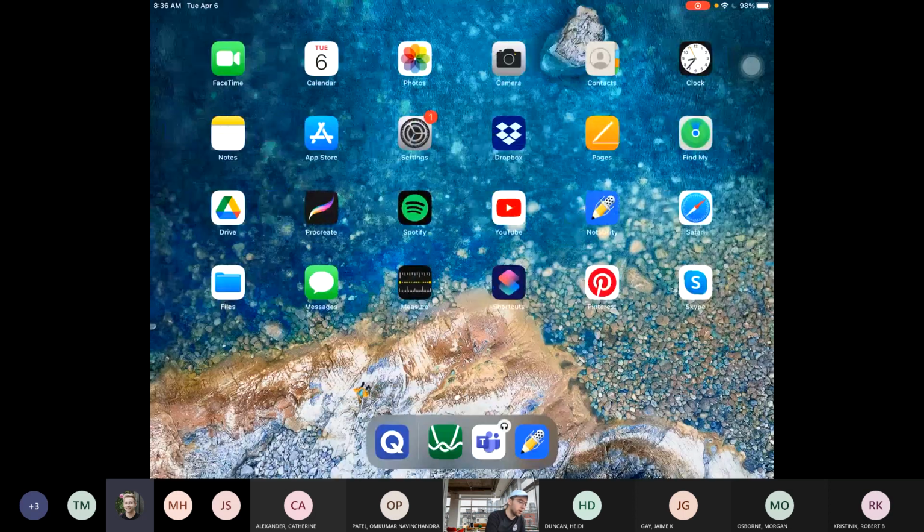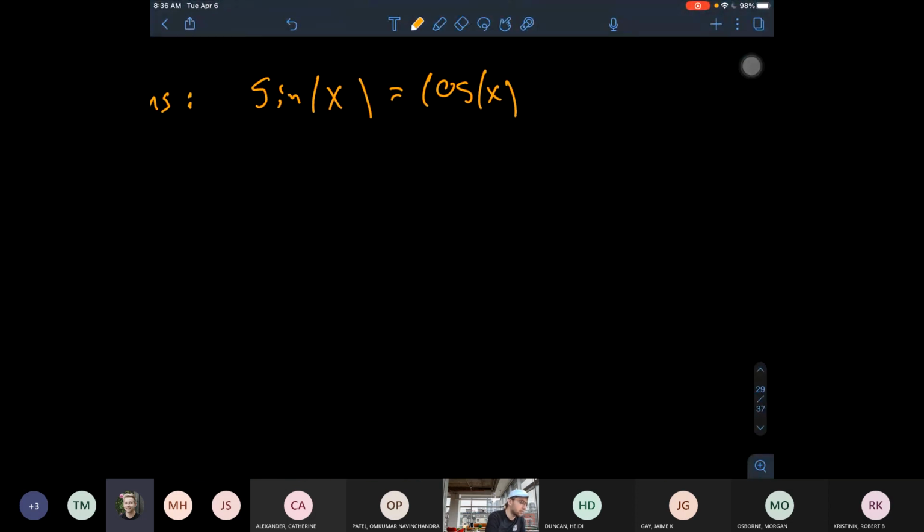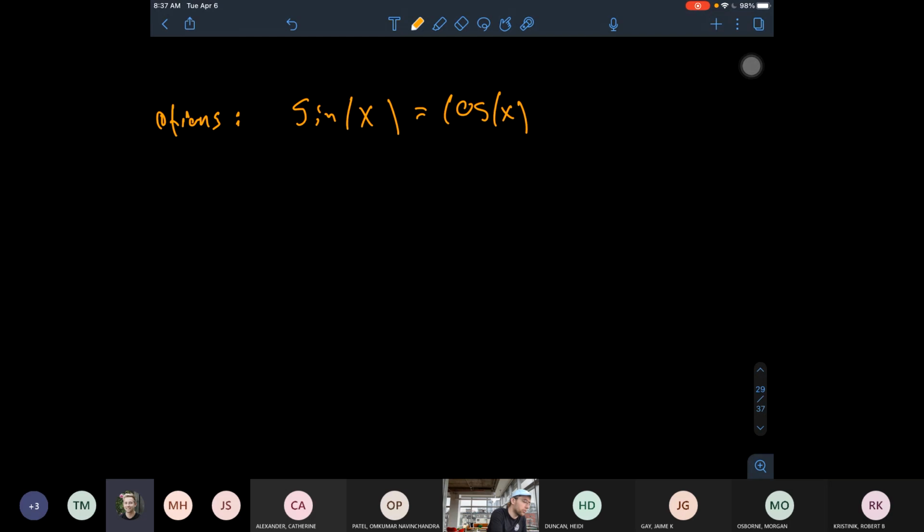So if I want to interpret when it is true that sine of x is equal to cosine of x, I can rewrite it, but that graph got shifted pi over 2 units to the right.